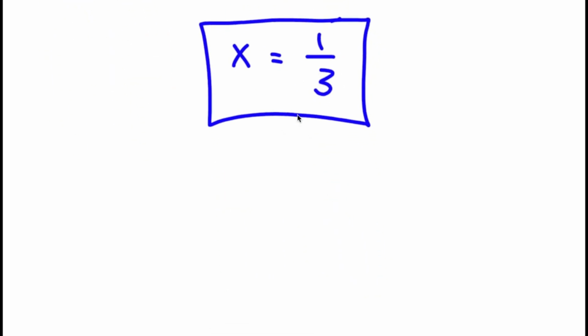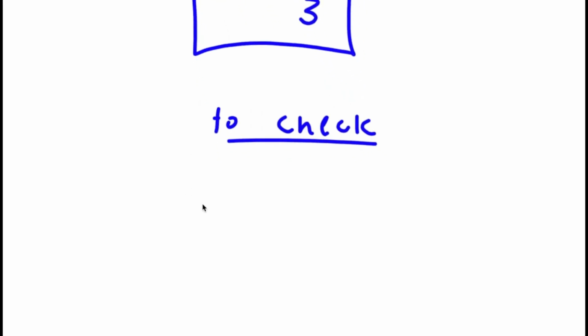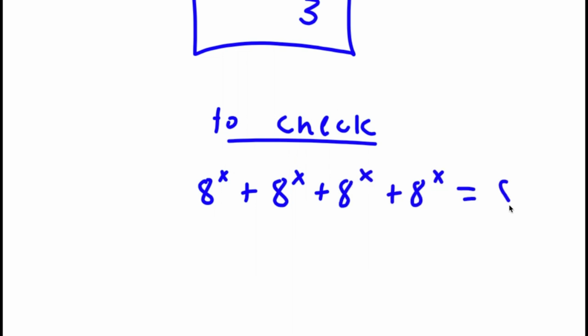So now to check, first start with 8 to the power of x plus 8 to the power of x plus 8 to the power of x plus 8 to the power of x is equal to 8.